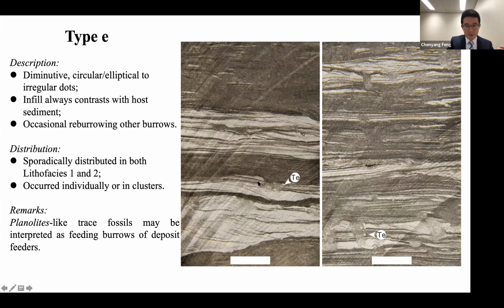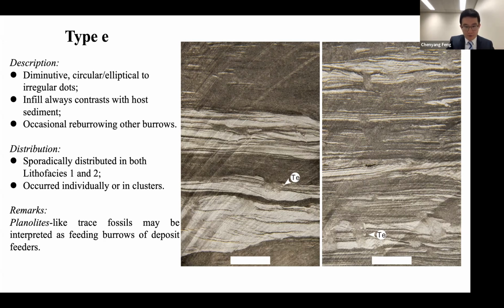The amount of this type of trace fossils is very low, and they are sporadically distributed in both facies 1 and facies 2, and they are always identified individually or in clusters. These Planolites-like trace fossils may be interpreted as feeding burrows of deposit feeders.